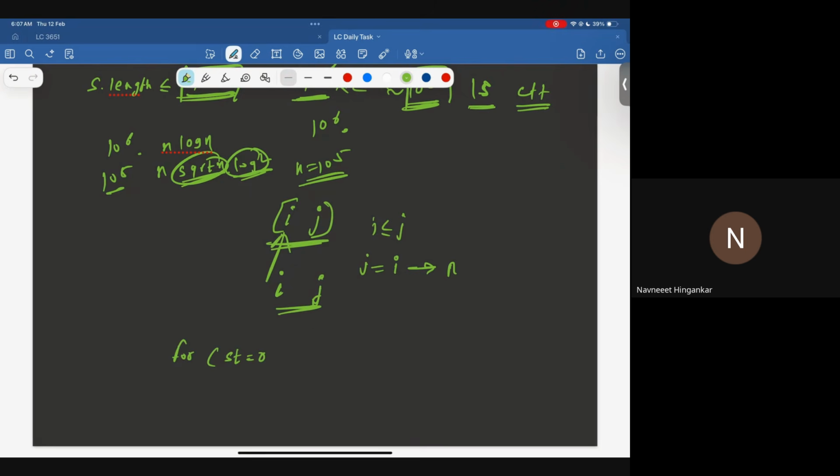For start equal to 0, start less than n, start plus plus, and you can call it start. You can again do the same thing for end equal to start, end less than n, end plus plus.